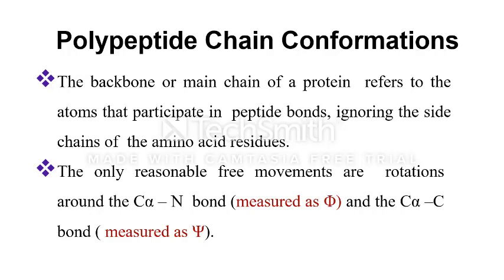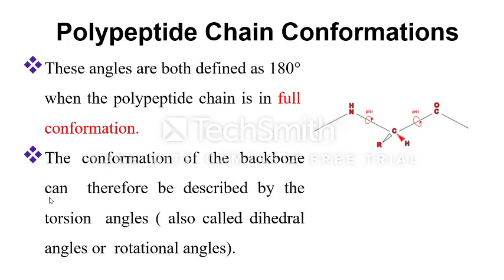So there are two different angles, psi and phi, that are important, because rotation around these is possible, otherwise it is a rigid structure.